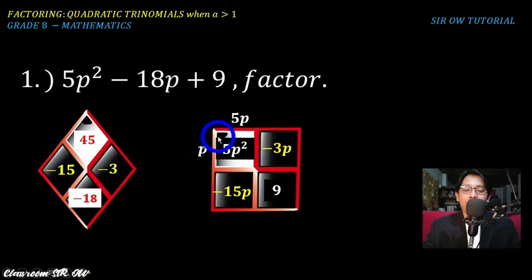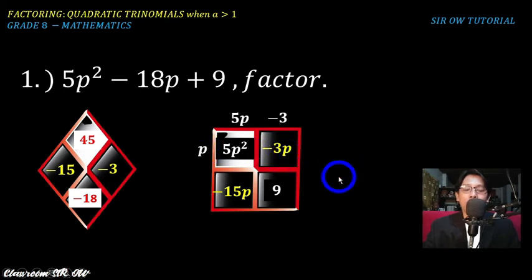Now, can I interchange 5p and p? No. Why? Because if I interchange them, we cannot divide negative 3p by 5p, isn't it? So there is actually a purpose why 5p is being written on top of our box rather than p.